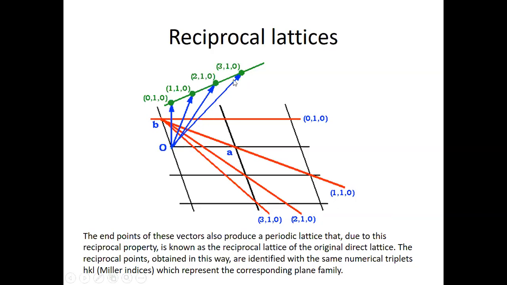This vector would stand perpendicular to this 3, 1, 0 lattice plane. Now you can easily see that these vectors define points in space that form a lattice, and that these lattice points in the reciprocal space would represent lattice planes in the real space, in the real crystal space.